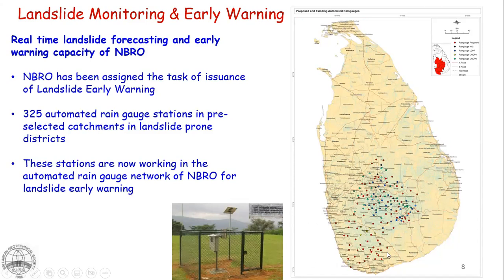They record the rainfall automatically, and the data are transferred electronically to the central office in Colombo. So in real time, we have an idea about the rainfall pattern throughout this area.